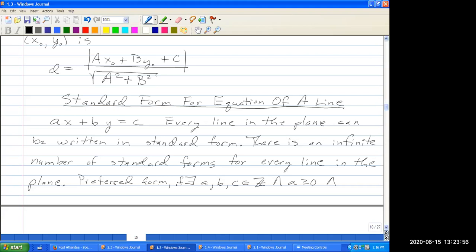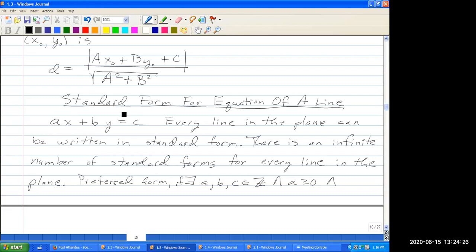But again, if you multiply both sides of the equation by a non-zero constant, it's still the same line, but it has a different standard form. So in general, there's an infinite number of equivalent standard forms for any line. So if you can rewrite it in this preferred form, then we like that it's in the preferred form.